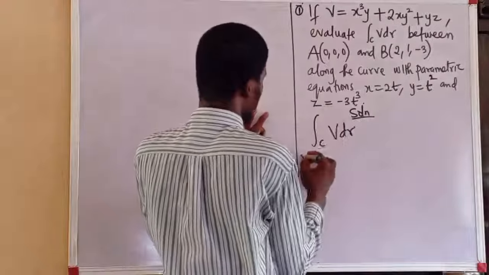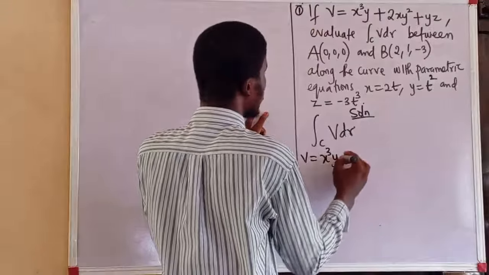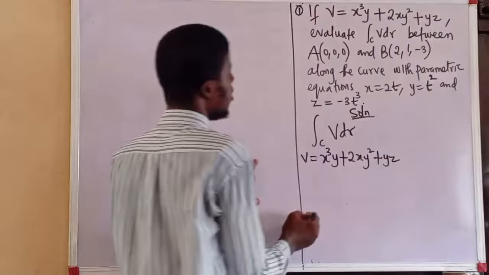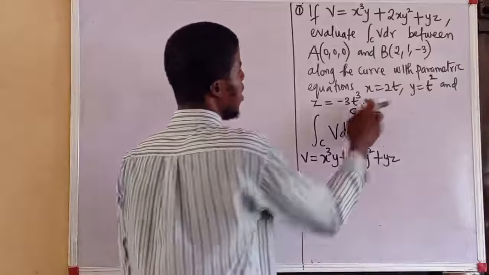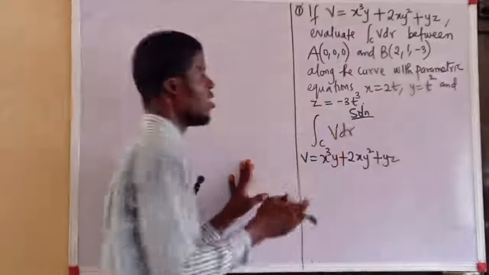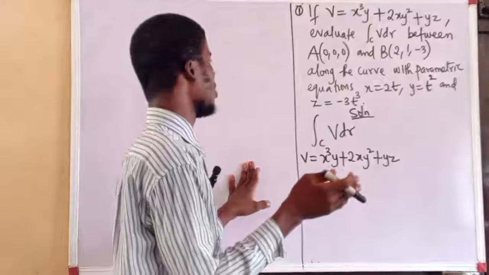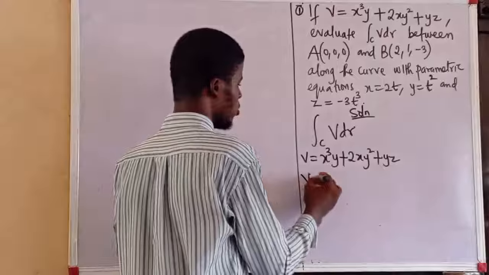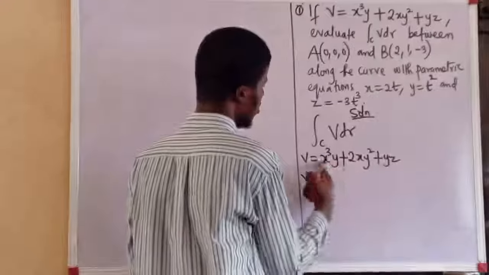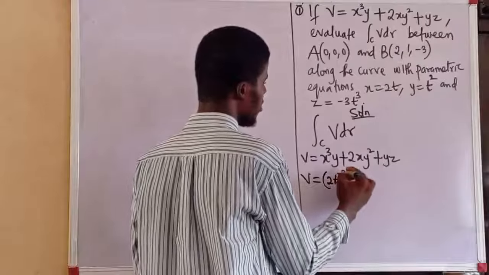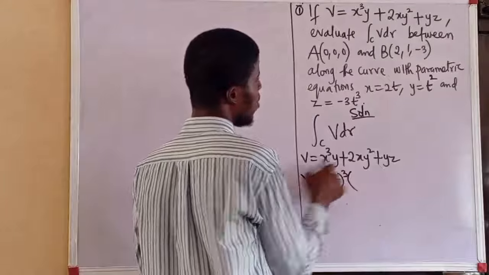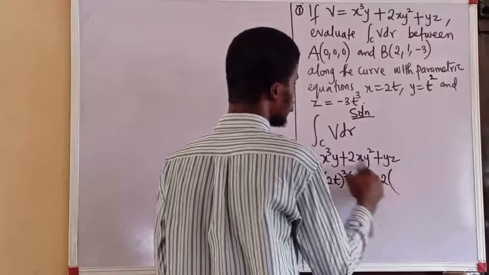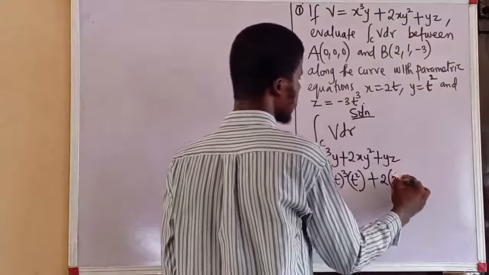V is this, x cubed y plus 2xy squared plus yz. The parametric equations of the curve are this, where t is the parameter. Let us express V in terms of t. So V is equal to, x is 2t, so I'll have 2t to the power of 3 into y, and y is t squared, plus 2 into, what is x? 2t.